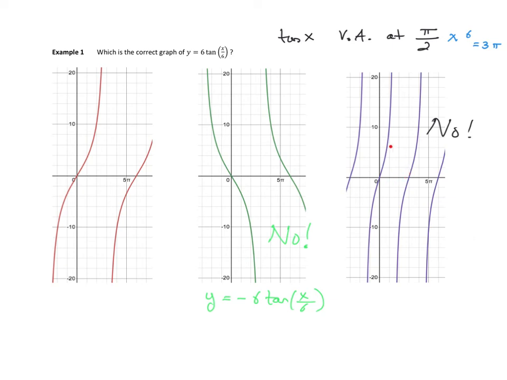All I know is it doesn't match up with this x over 6. So for this reason, the correct graph is this one over here. This must be y is equal to 6 times tangent of x over 6. There's a vertical asymptote at 3 pi, which matches up with this over 6. And the graph also does look stretched, so it's stretched in a positive direction, and that's it.